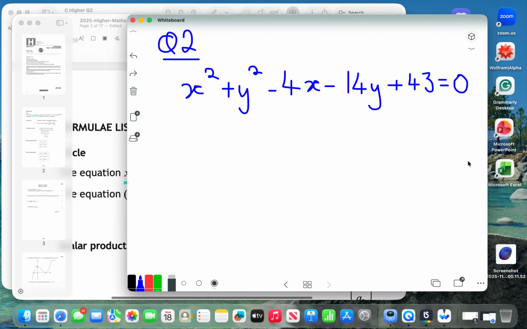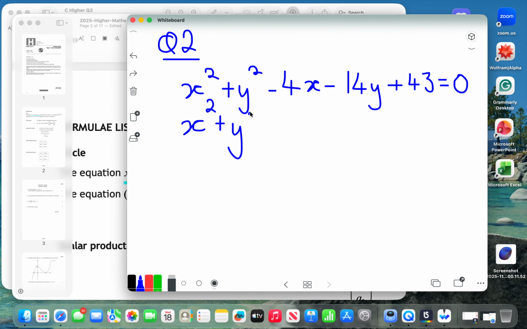So let's write this format out. x squared plus y squared plus 2gx plus 2fy, not 2xy, plus c equals 0. So we have to compare the coefficients with the format given.